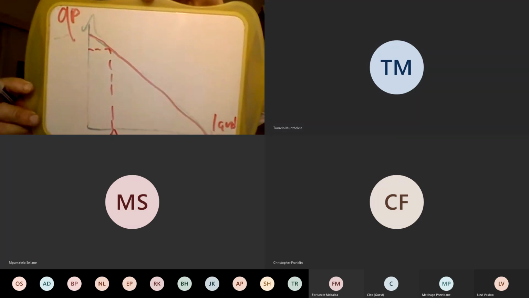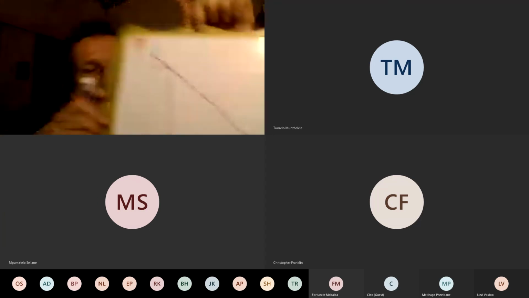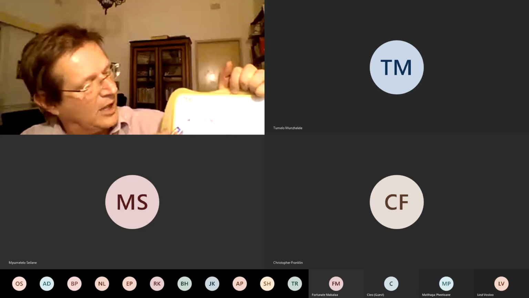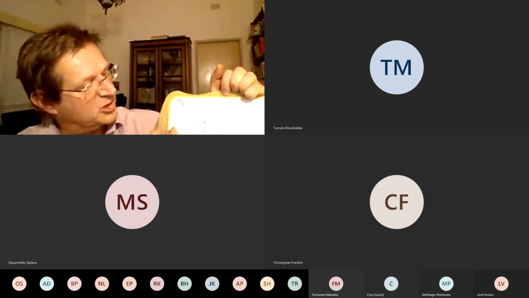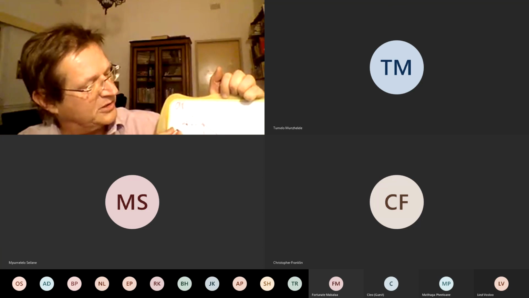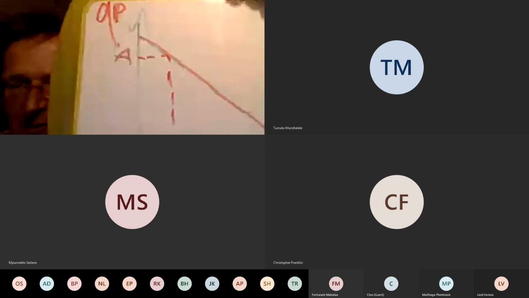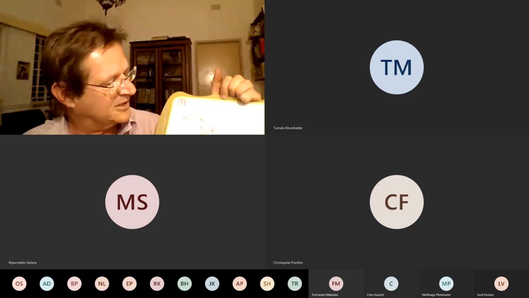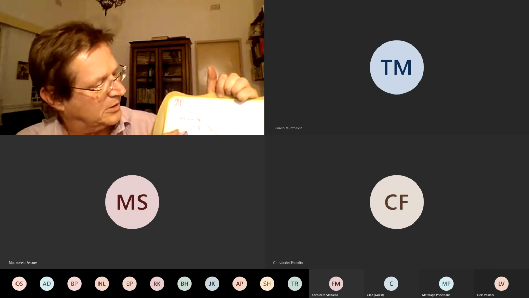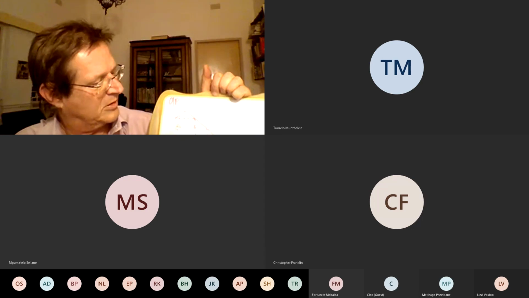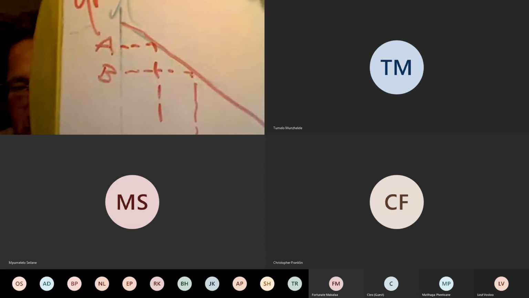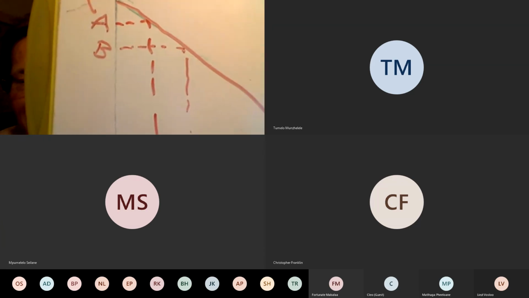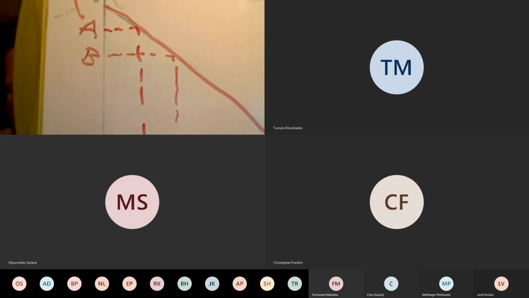If we have only A, okay, thank you very much, then output of the marginal unit under cultivation is A. And if we bring B under cultivation, then output of the marginal unit is B. And we say rent is determined by the marginal unit.